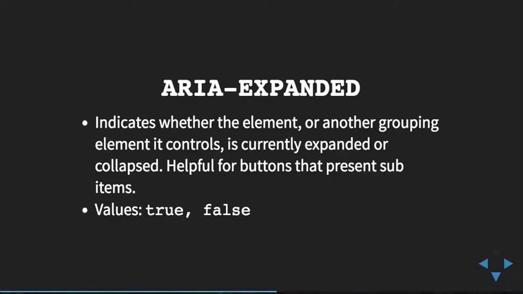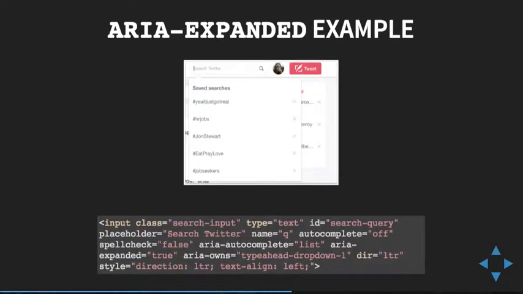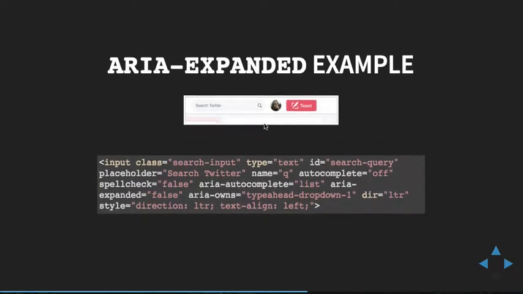This one isn't a video example, because it's more giving context. So if you look here, the ARIA expanded is true. And you see up here that it is open. If you have the ARIA expanded false, see here, you don't see any of that extra search, save searches info.